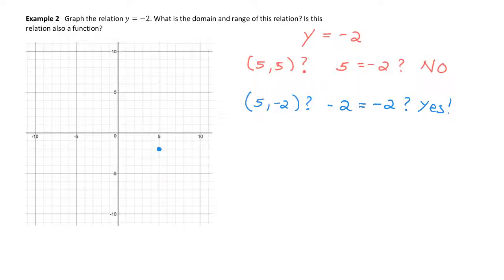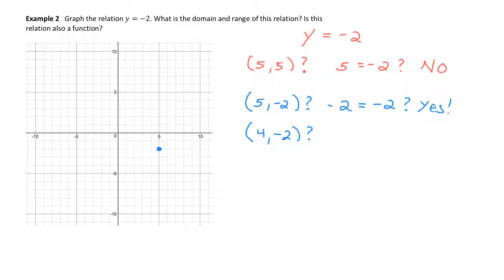So I get the point 5, -2. And once I see this, getting the rest of the graph is pretty simple. By that I mean, well, what if it was 4, -2? Is 4, -2 going to work? Of course it is. And the reason for that is because this -2 goes in place of the y, making this a true statement, and the 4 is essentially irrelevant. It doesn't go anywhere.